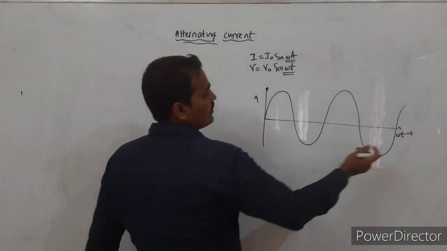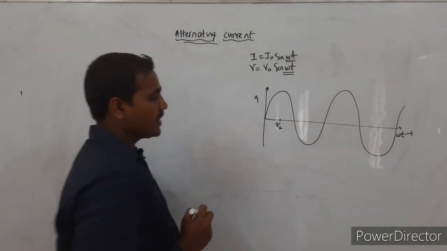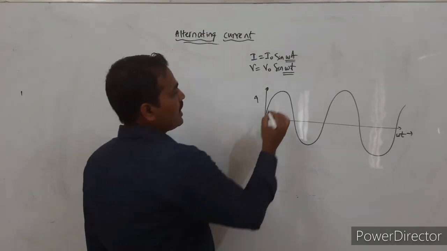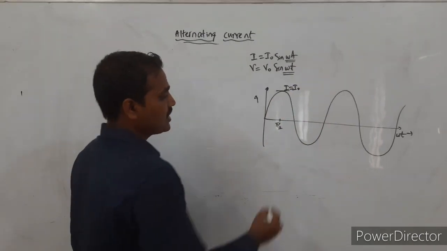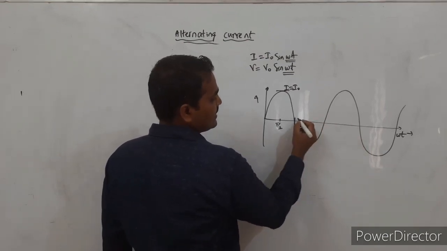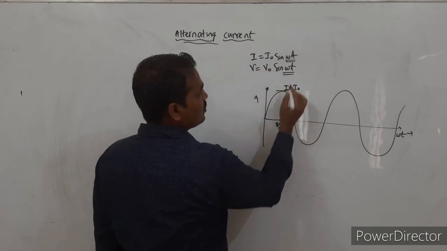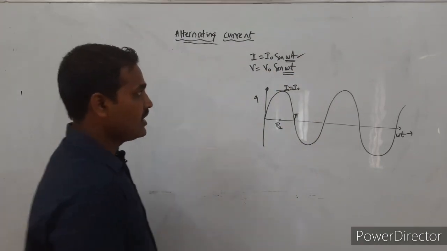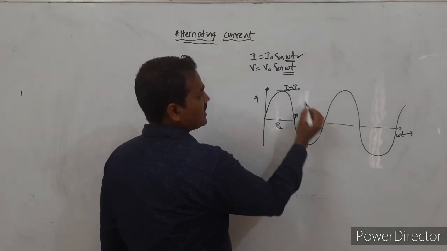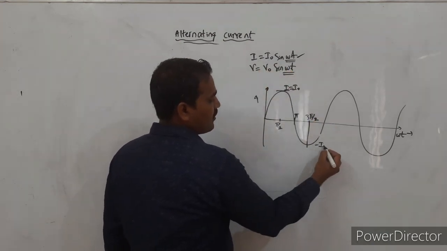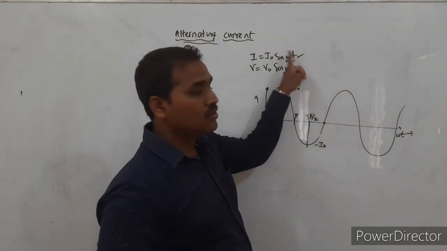So this phase is the factor which represents the values of instantaneous currents or voltages. For example, if omega t is equal to pi by 2, I will be equal to I naught. Is it not? Similarly, if omega t is equal to pi radians, I will automatically be equal to 0 according to this equation. If omega t is equal to 3 pi by 2, that is 270 degrees, I will be equal to minus I naught. If omega t is equal to 2 pi radians, I will be equal to 0.